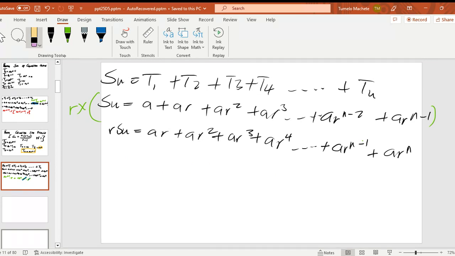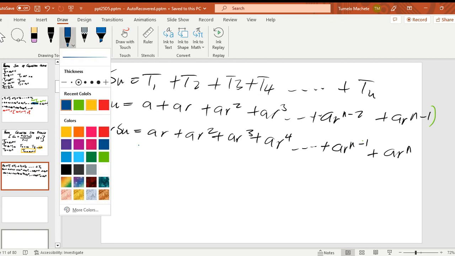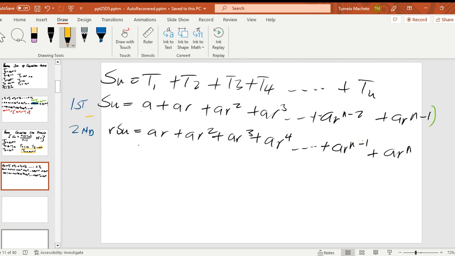So after doing this, now you've got two equations. You've got the first equation and the second equation. Remember, when we were doing arithmetic, you were adding the two equations. Now in this case, subtract. You're going to subtract the two equations.